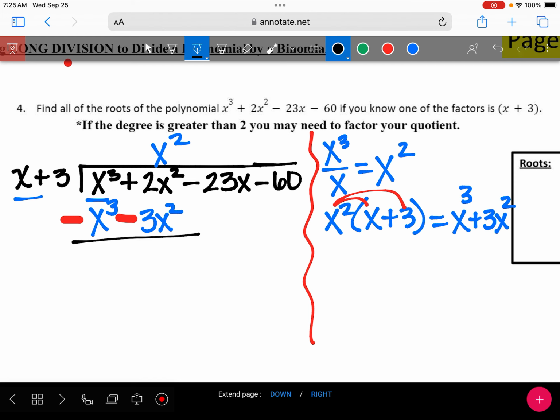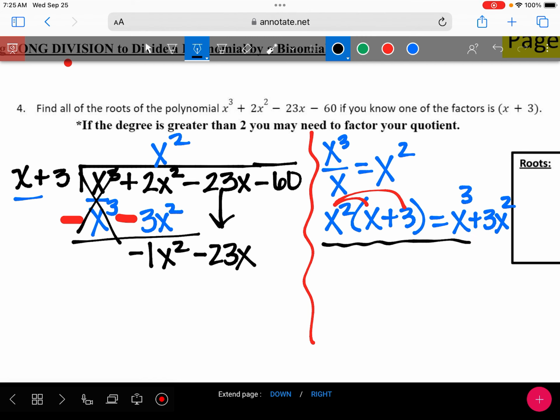Okay, so when we subtract, these cancel out. So you have 2 minus 3. What is 2 minus 3? Negative 1. So we got a negative 1x squared. Bring down just the next term.